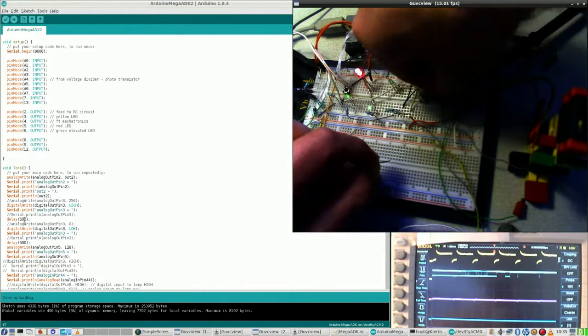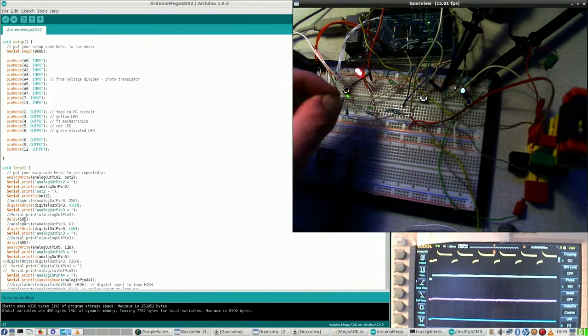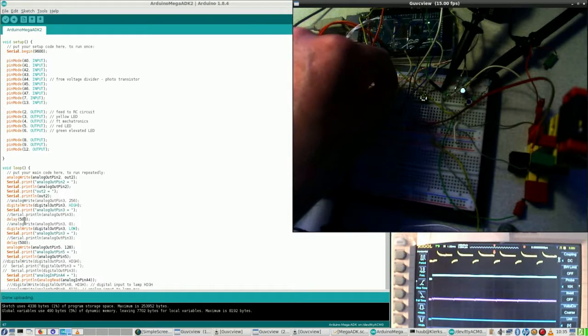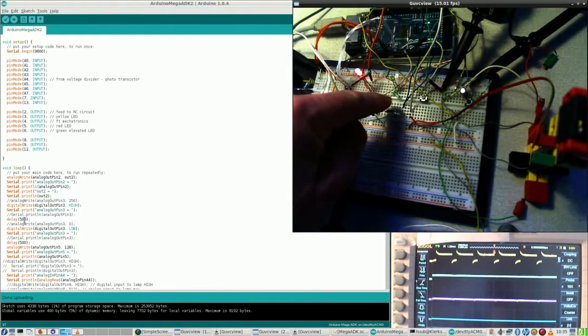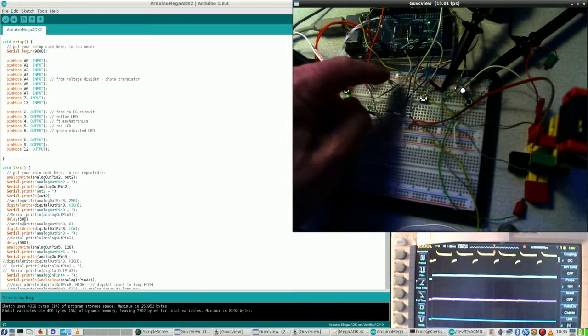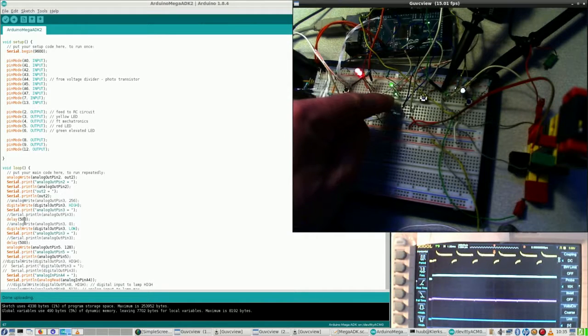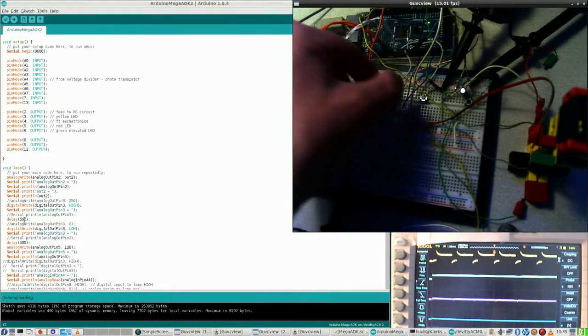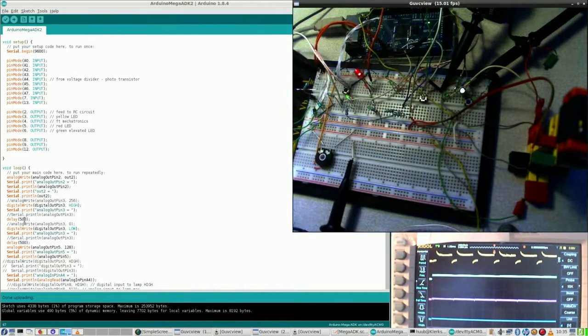So if I put this one in here, it should work. Same with this one. And this one works as well. So with the LED is nothing wrong.